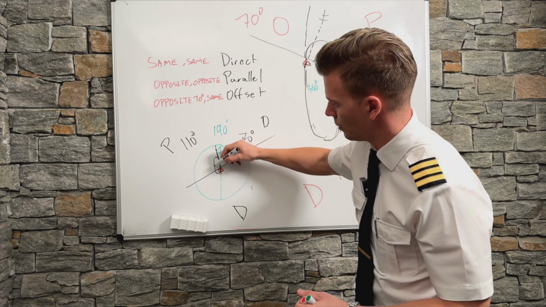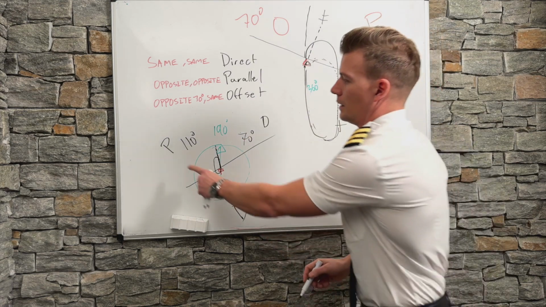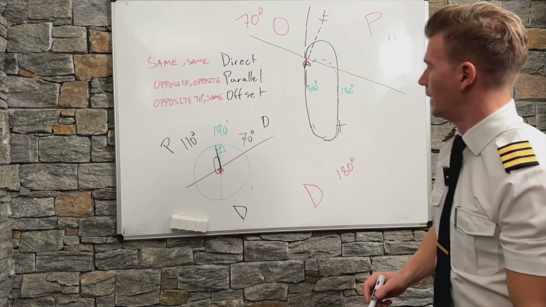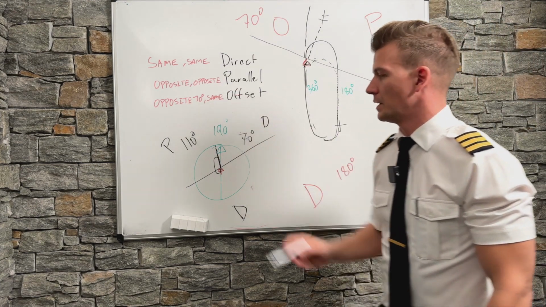So after the right turn and right turn, you're established inbound, and you have done a parallel entry. And that will be opposite of the turns in the hold.